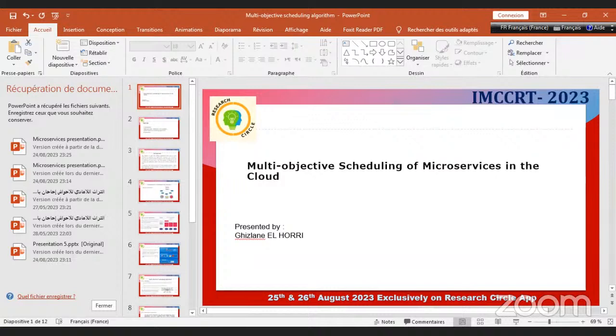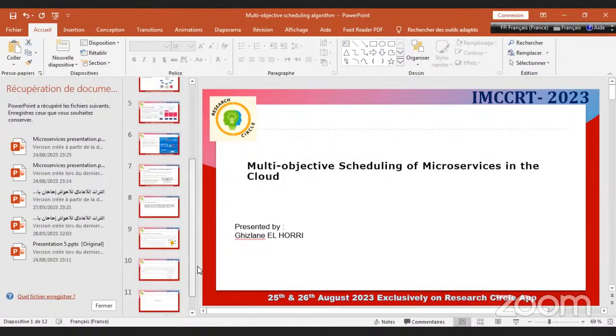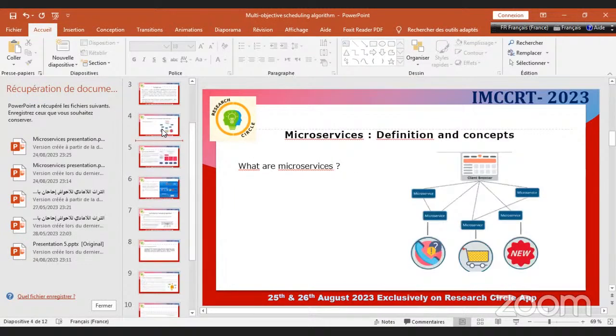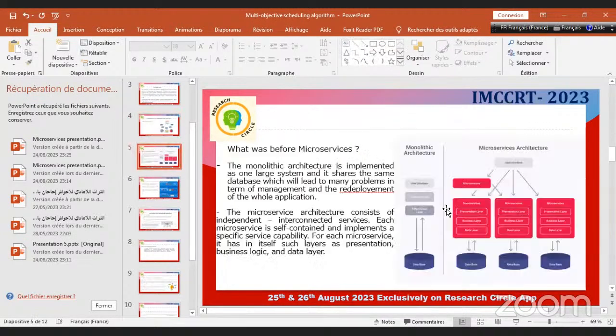The outcome of this work is that it will help the user to have a flexible application and a shorter time for accessing the information, for example. When we had the monolithic architecture, as we are seeing here, it uses just one type of code.